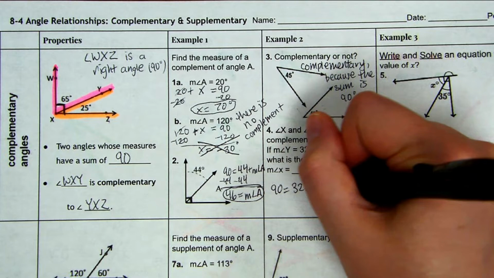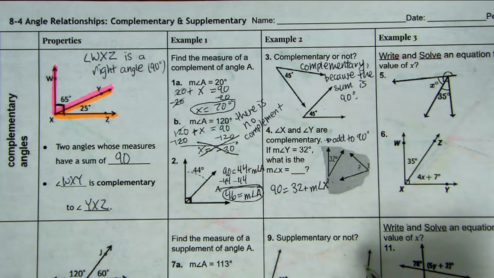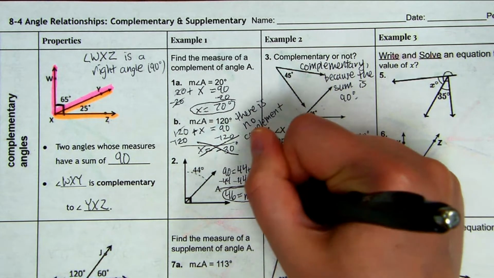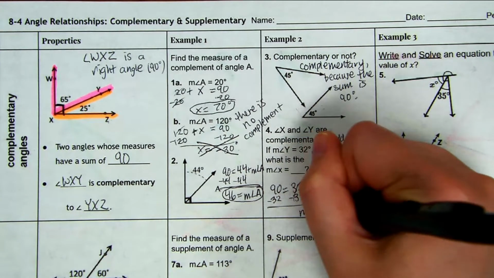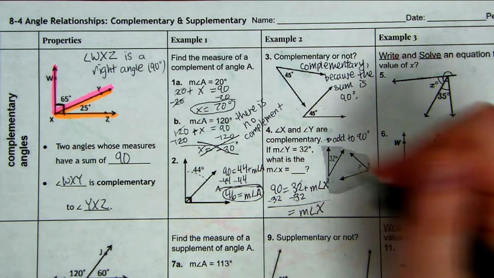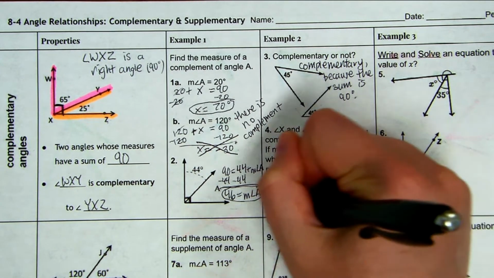We don't know what that is. So we can go ahead and solve for the measure of angle X by subtracting 32 from both sides. So we'll get the measure of angle X equals 90 minus 32. That'll leave us with 58 degrees. So angle X has to be a 58-degree angle.